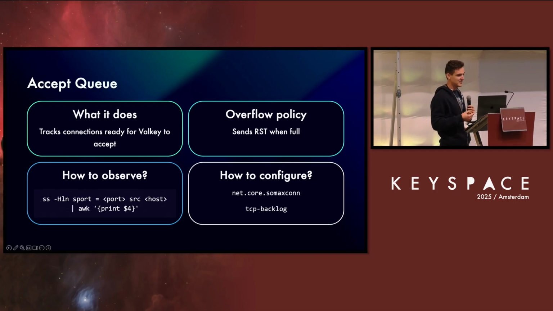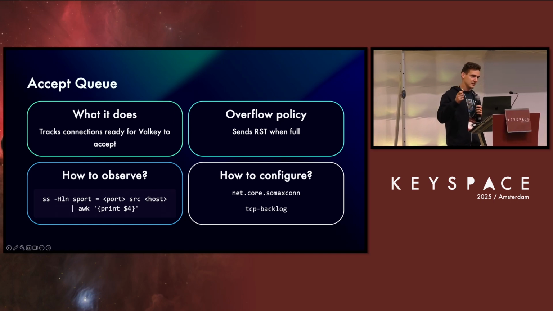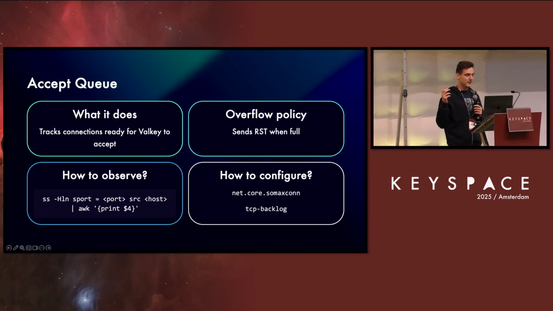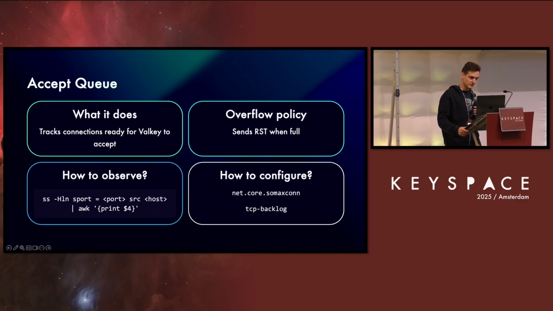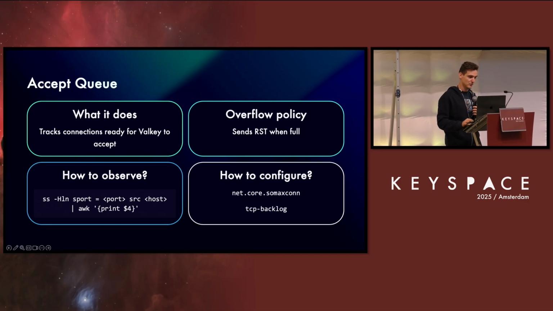In our case, this is where the connection stays until Valkey calls accept in the main loop. And when this is full, for example, if Valkey is too slow to accept the connections, the kernel just resets the connection. Again, use ss to observe the current size.